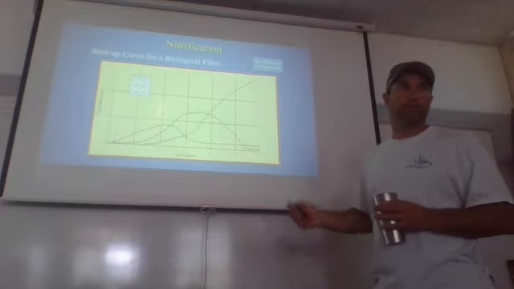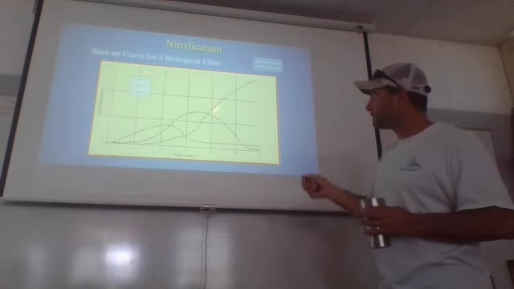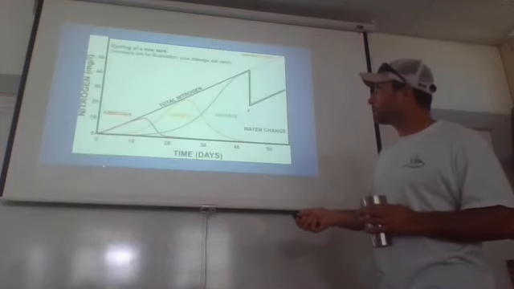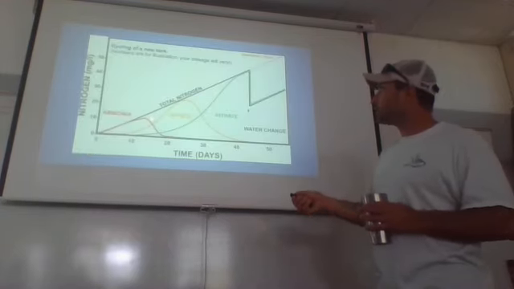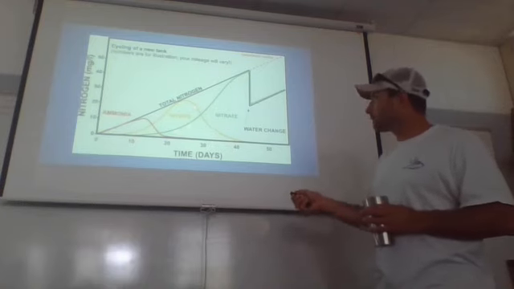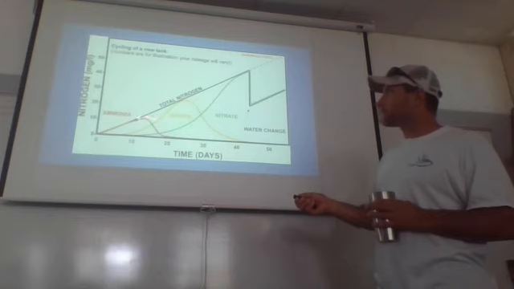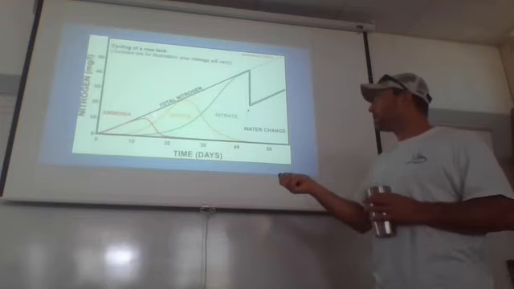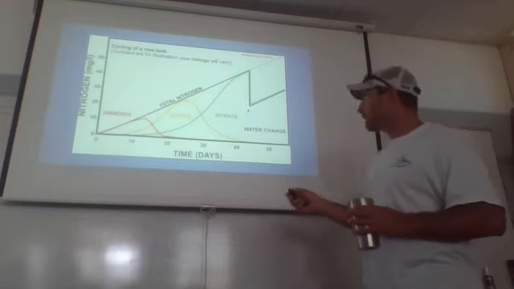Any questions about this? It's a little hard to see the different dots, but the first one is ammonia, the second one nitrite, and the third one is nitrate. As those bacteria populations get high enough, they drive that concentration down to nothing.